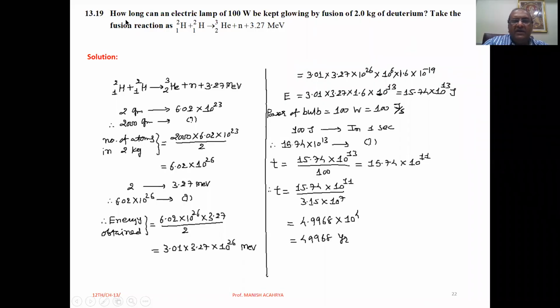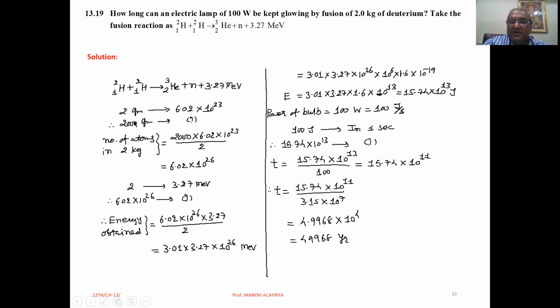Next, 13.19. How long can an electric lamp of 100 watt be kept glowing by fusion of 2 kilogram of deuterium? Take the fusion reaction as 1H2 + 1H2 gives 2He3 + neutron + 3.27 MeV. Per reaction you are getting 3.27 MeV energy, and in this reaction 2 deuterons fuse. Here the atomic mass number is 2.